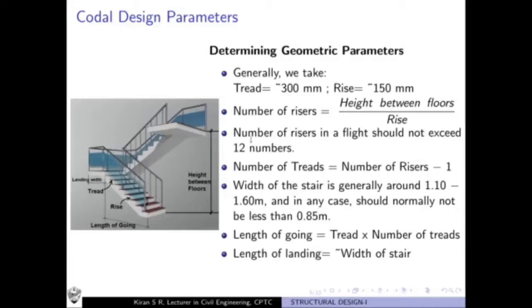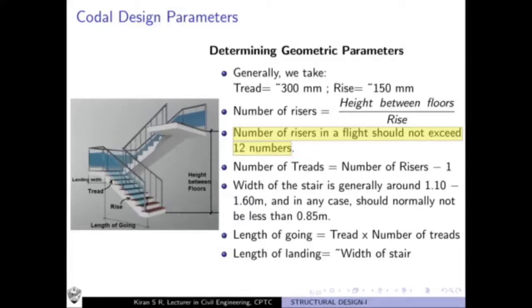And this condition should be essentially kept in mind. The number of risers in a flight should not exceed 12 numbers. That is, in a single flight, the maximum number of risers which you can provide is 12 numbers. Since you have found out the total number of risers in the staircase, you have to restrict the number of risers in a single flight to not more than 12.